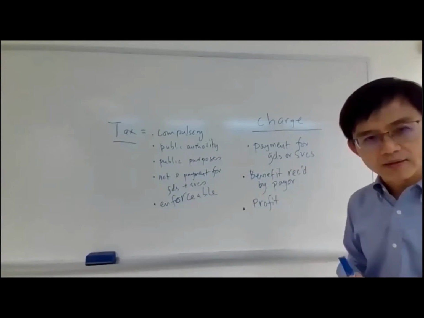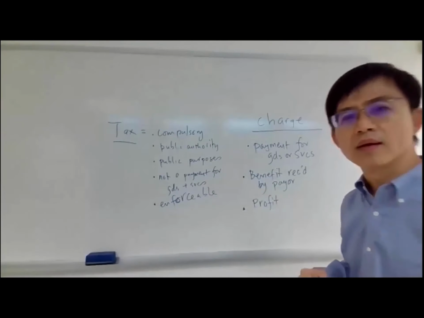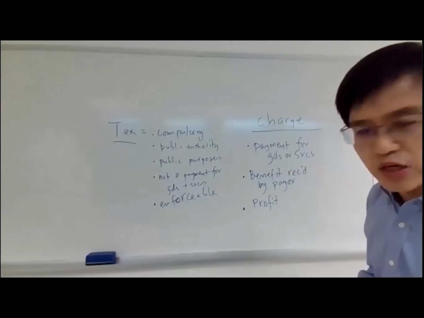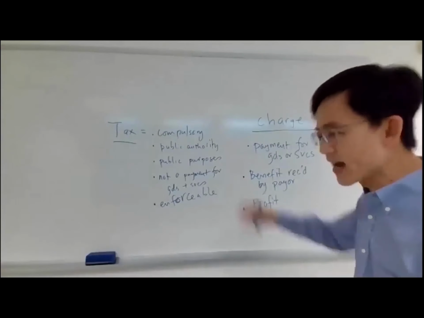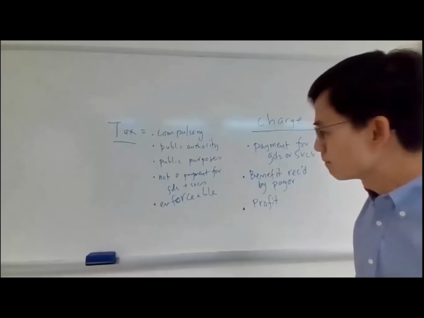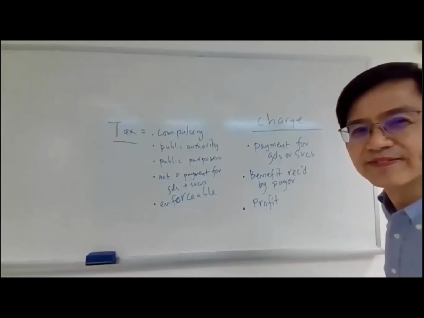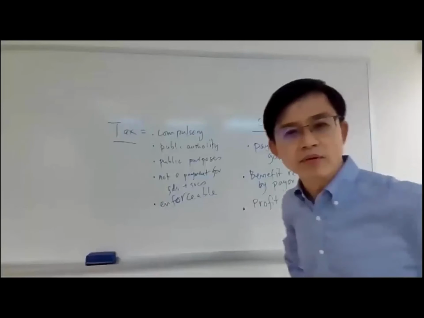And the provider may make profit out of this transaction. Anybody want to give an example of what might be a charge? I've given you an example of a tax, like income tax, like VAT. What will be a charge? Maybe a toll for the highway. Yeah, that'll be a good example.